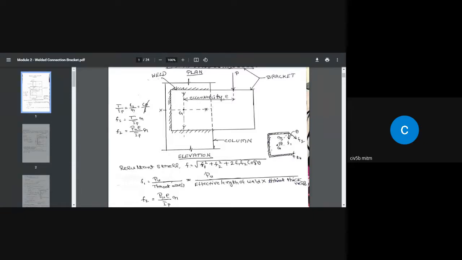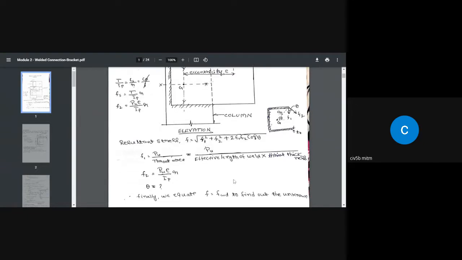So PU divided by the throat area. The throat area is the effective length of the weld multiplied by the throat thickness. Once you do the calculation, you will get F1. Finding out F1 is very easy.